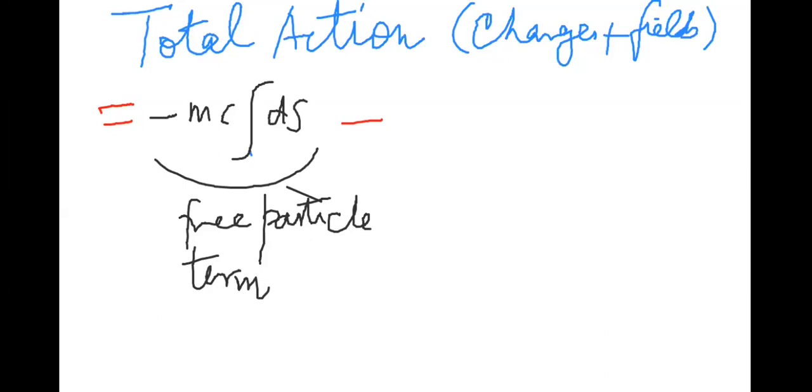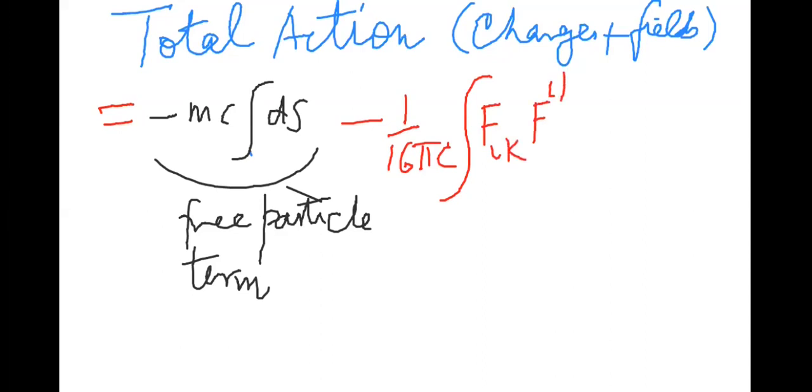So because action is equal to 1 over c integration of L, the Lagrange density, we will write here an integration of f ik, right, and d4x.